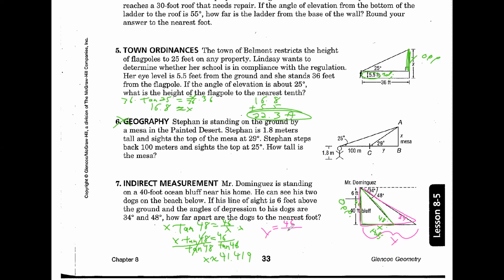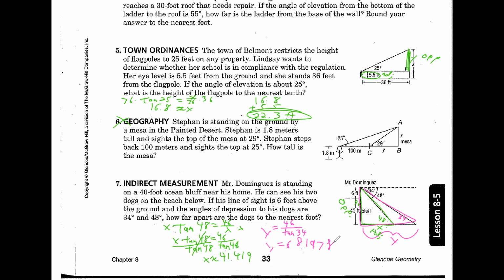So tangent of 34. I just replaced the x with the y and replaced the 48 with the 34. The setup was exactly the same, so there's no reason to go back through all those steps. 46 divided by tangent 34 is 68.1978. We need to find the difference between those.